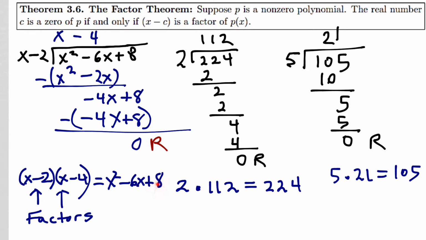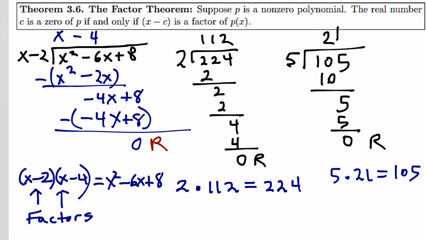We know that's the case in our other studies of math. So that tells me that according to my factor theorem, if x minus c is a factor of p of x, then c is a 0 of p of x. Well, yeah, we already kind of know that.